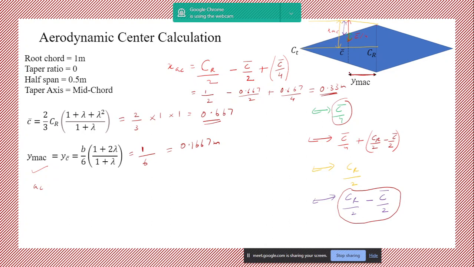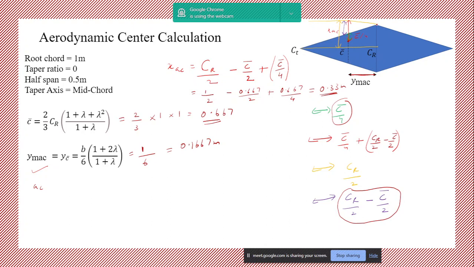YAC is the Y coordinate of the aerodynamic center from the root chord. Yes, from the root to the aerodynamic center.